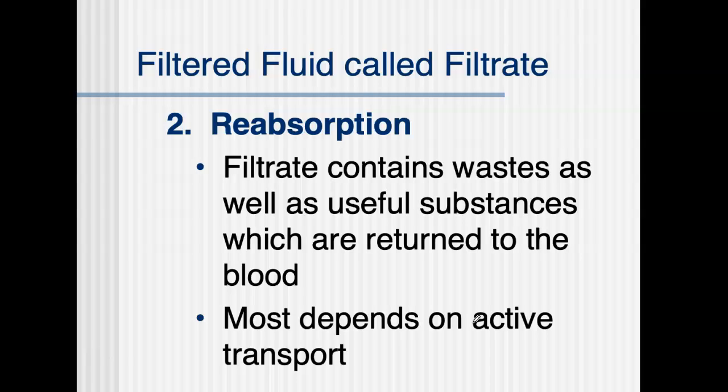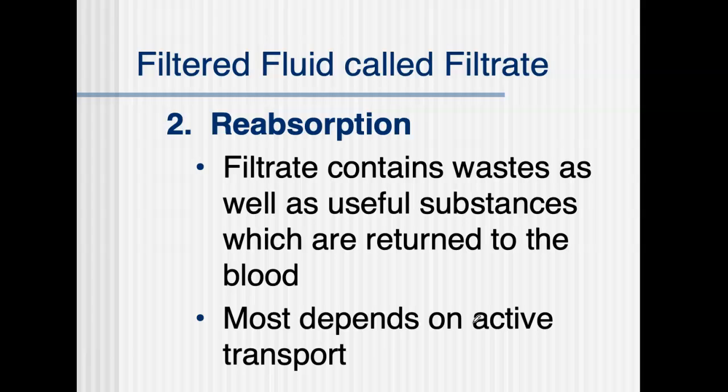That filtered fluid, we called it filtrate, but that's really not urine yet. It has to be concentrated. So the kidney will then reabsorb, bring it out of the nephron and back into those peritubular capillaries. It will bring back the fluid and any useful substance which may have been filtered.